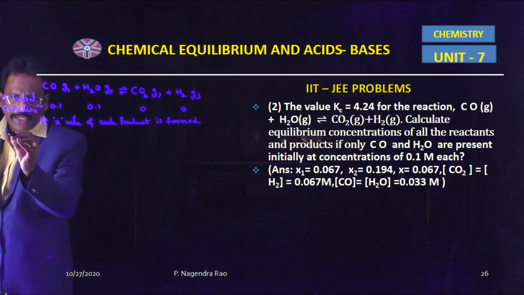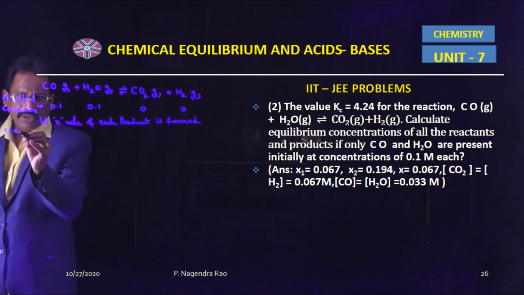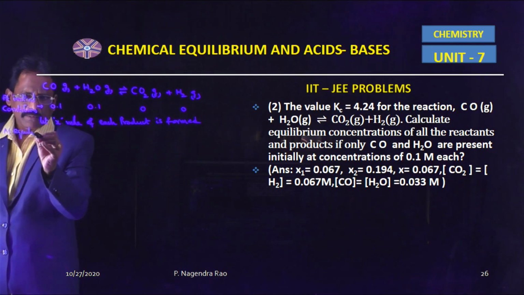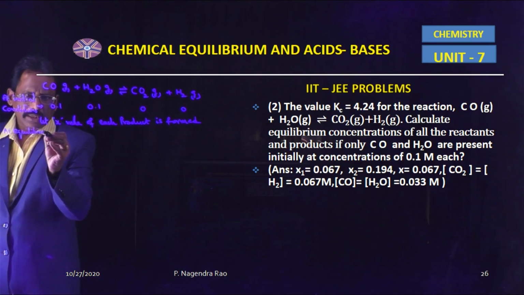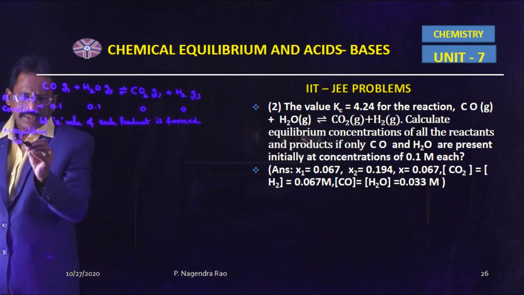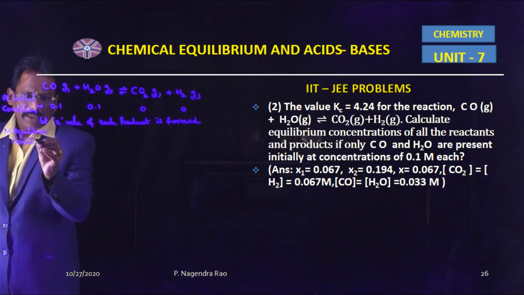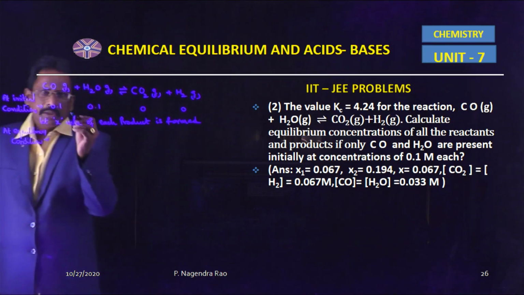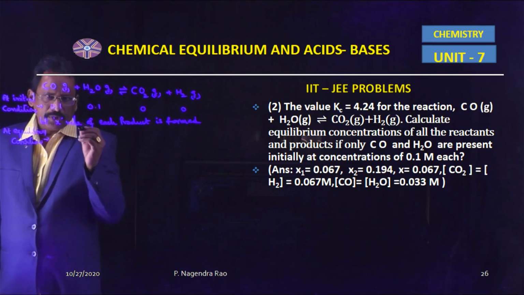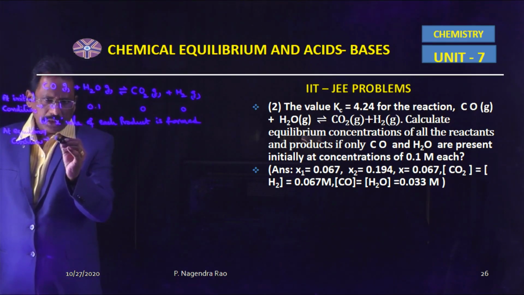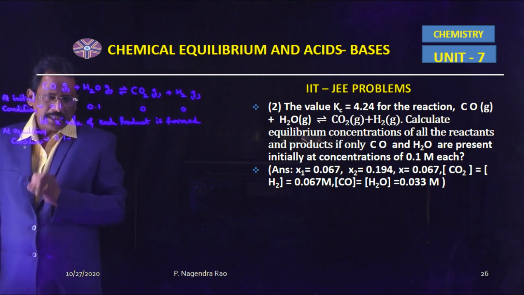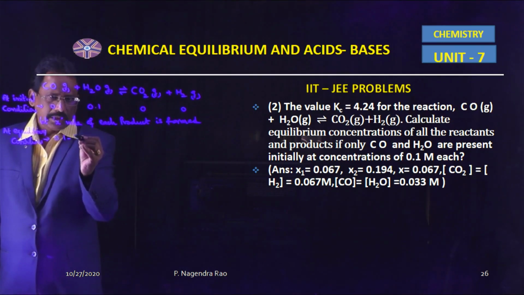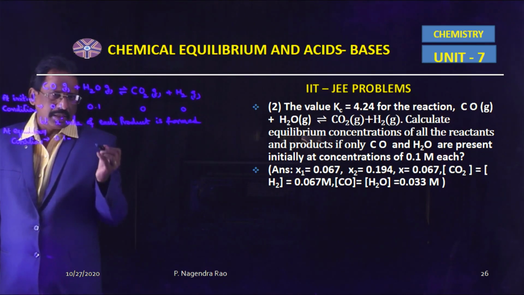Now at equilibrium conditions, the remaining number of moles of CO is equal to initial minus involved. X moles of CO is involved in this reaction.